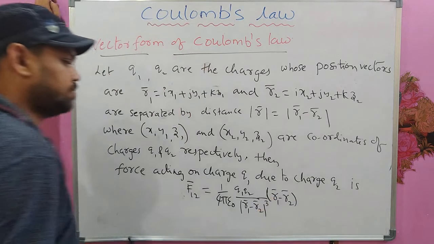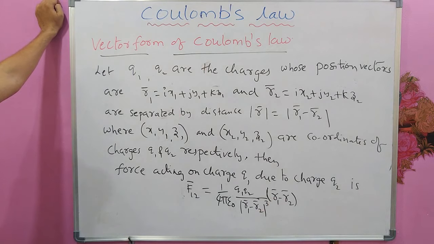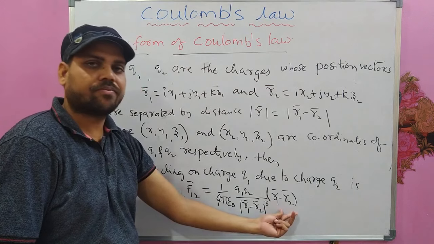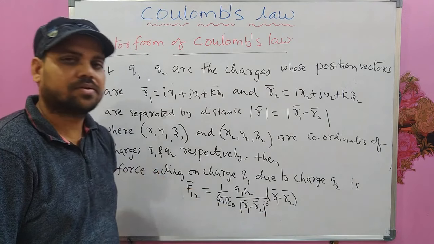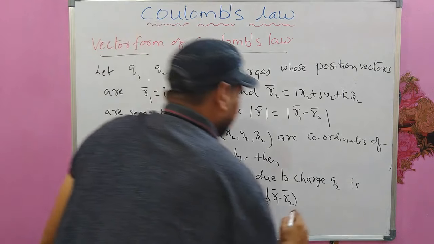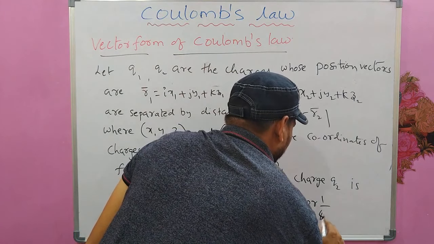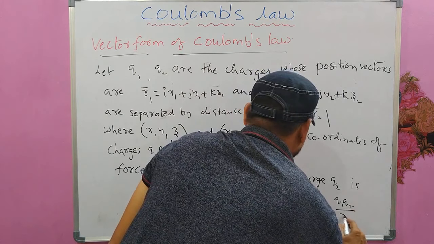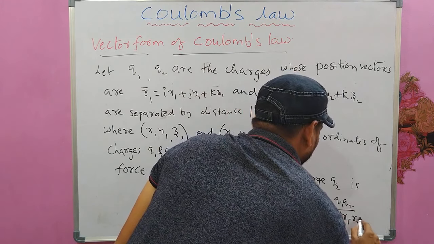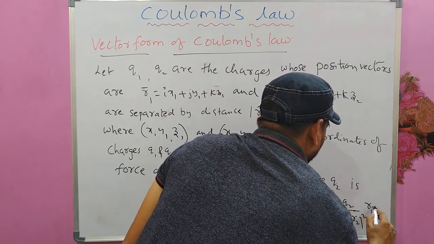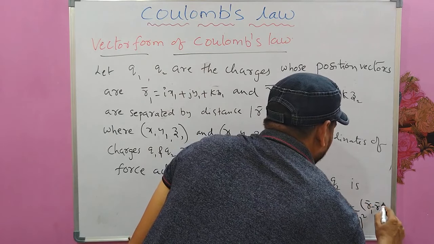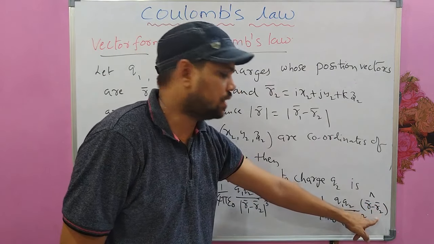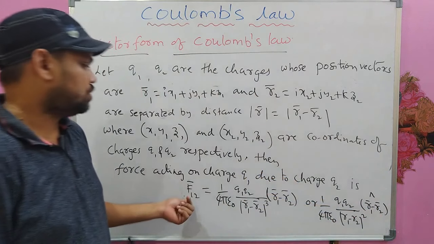This also can be written as 1 by 4 pi epsilon naught Q1 Q2 by mod R1 minus R2 squared into the unit vector R1 minus R2 with a cap, where this is the direction of the force.